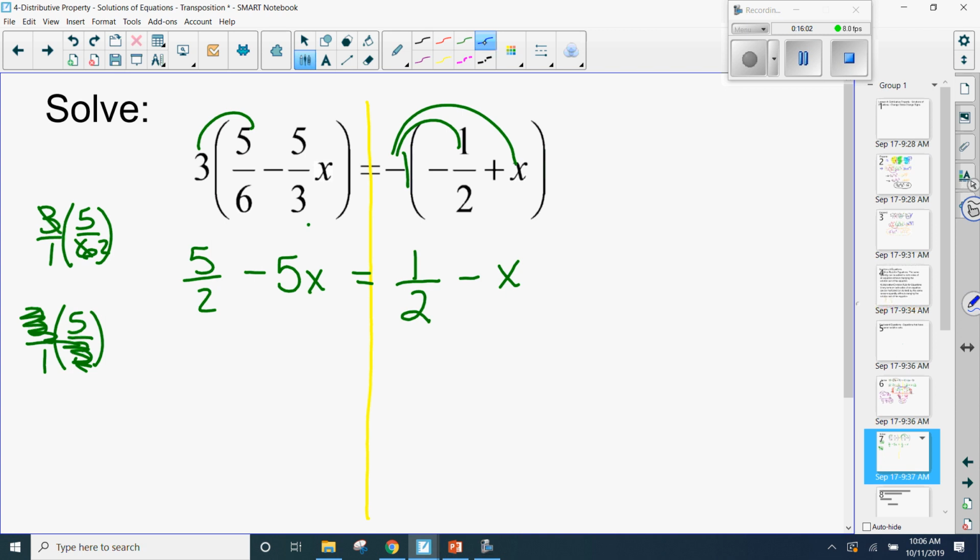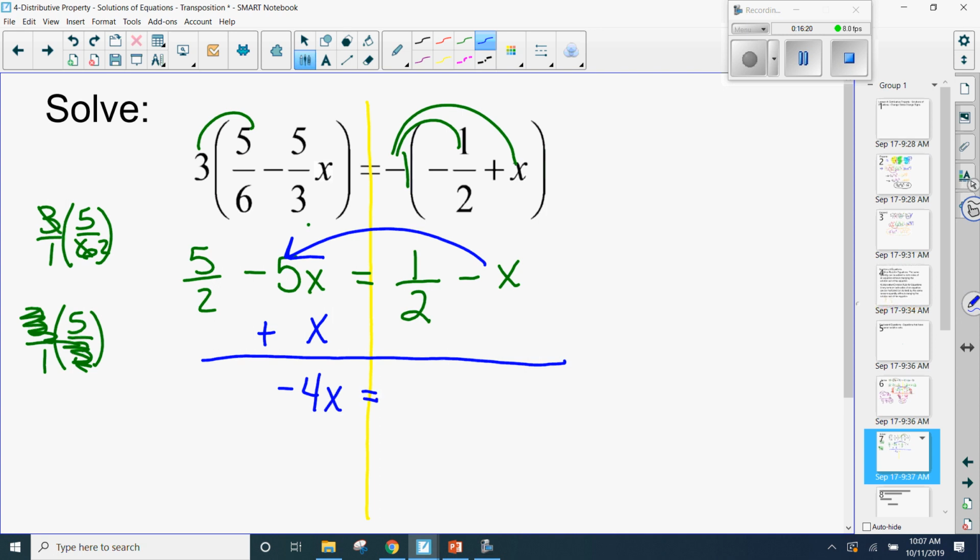We want to move the, I don't know which way you're going to move it. Okay, first thing I heard was x over this way, which makes it a positive x. So what's -5x plus x? -4x. If I move the x to the left, I've got to take the constant and move it to the right.